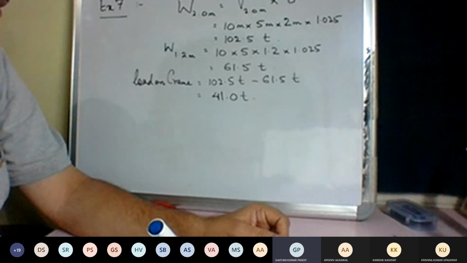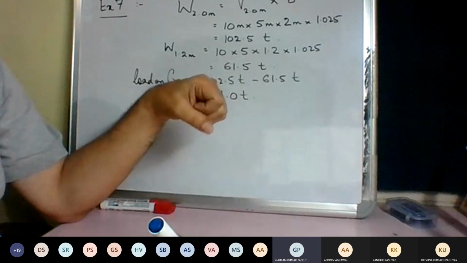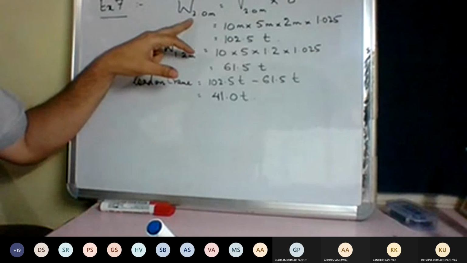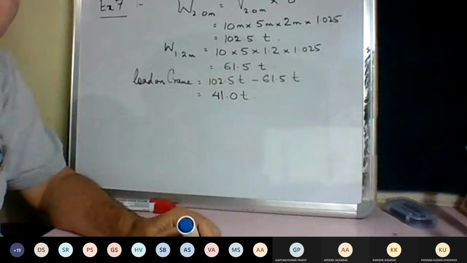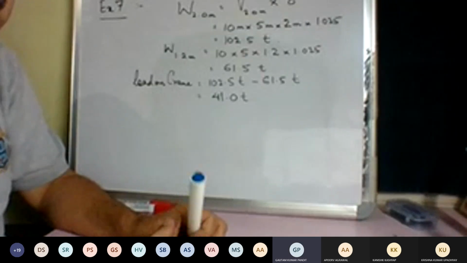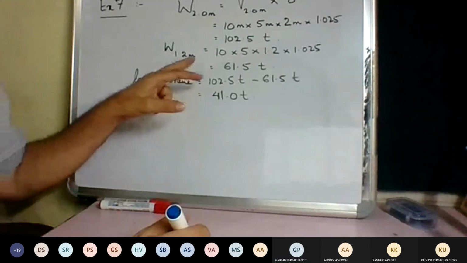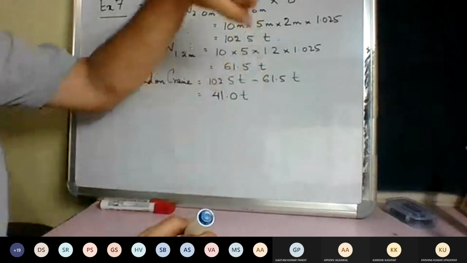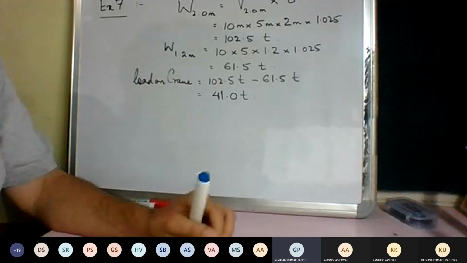So the load which the crane has taken is 102.5 minus 61.5. That is the load which has been taken by the crane, because it's the crane which has reduced the draft to 1.2. The crane has picked it up. That is what I was trying to say.